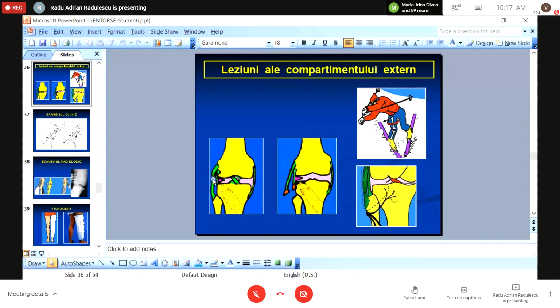And we may have a lesion of the lateral collateral ligament in the middle of the ligament substance, like here, or more often, the ligament will detach a bone plug from the level of the fibular head, I mean, in the place where the distal insertion of the ligament is attached.